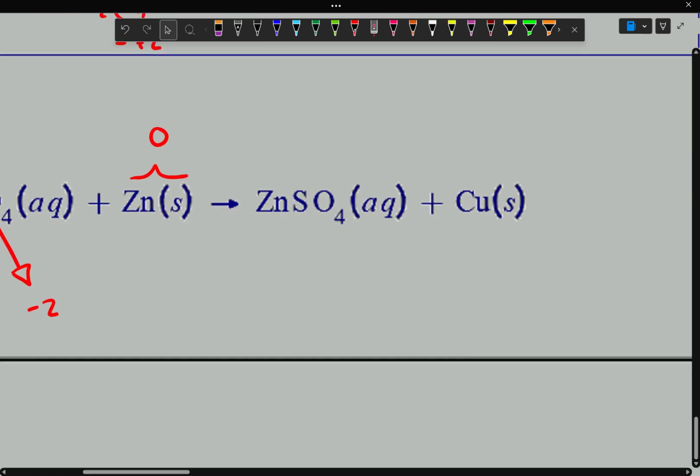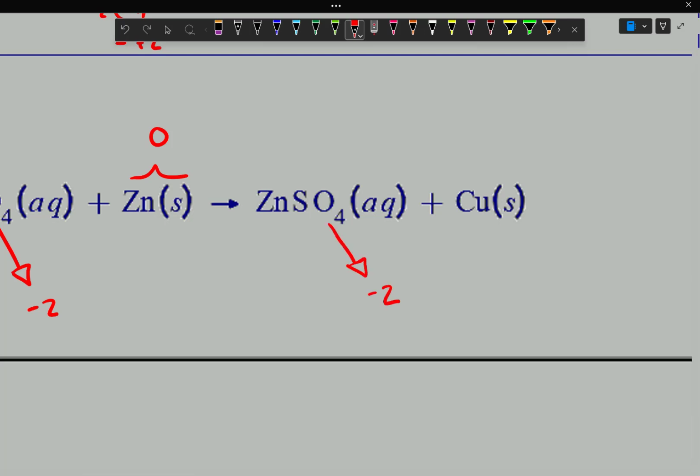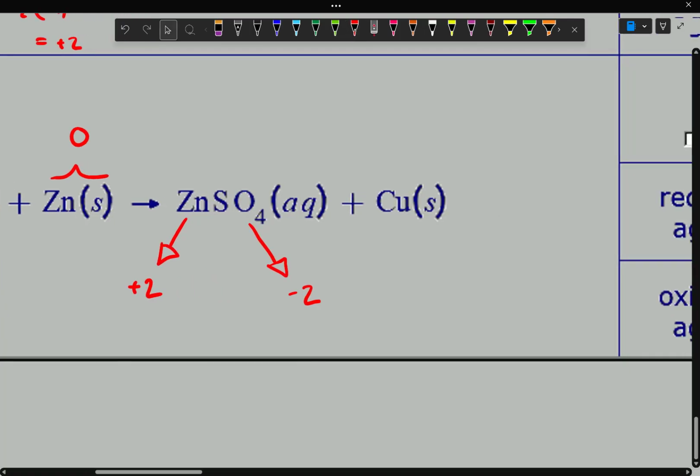On the right side, we have zinc sulfate, and we know that sulfate has a -2. And so therefore, because this is a neutral compound, we know that zinc is going to have a +2. And finally, we have copper on its own here, and that's just going to be 0.